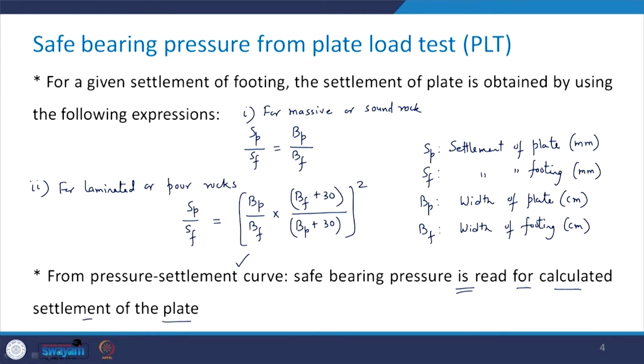Here we need to know the settlement of the footing, which can be taken as, let us say, the permissible value, and you can find out the value of the plate settlement. Whatever settlement of the plate you get, you read from the pressure settlement curve and you can obtain the safe bearing pressure.